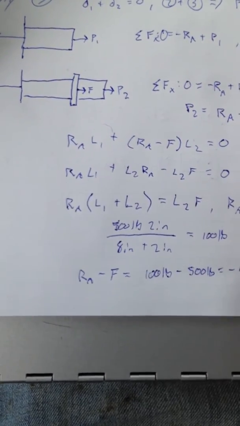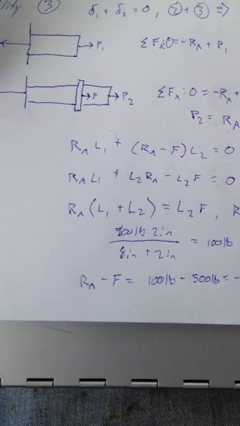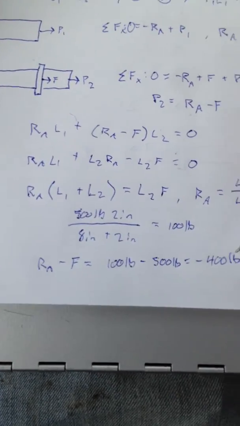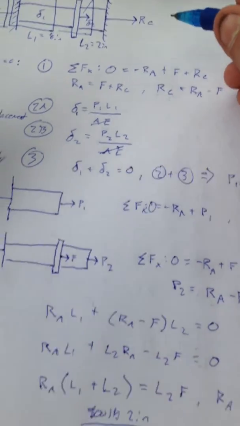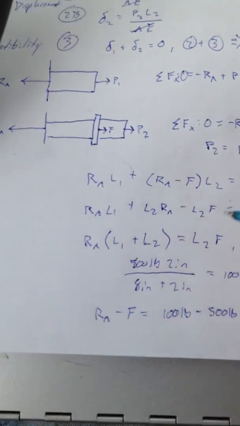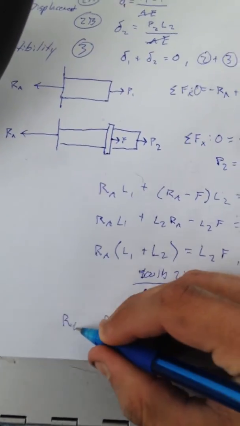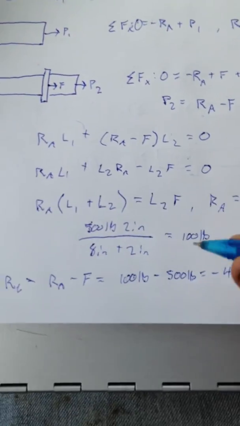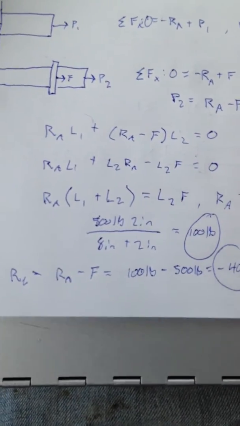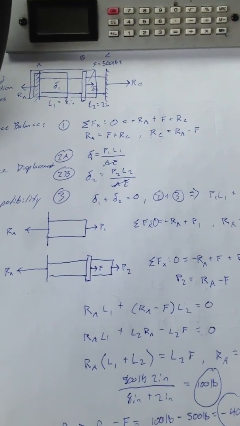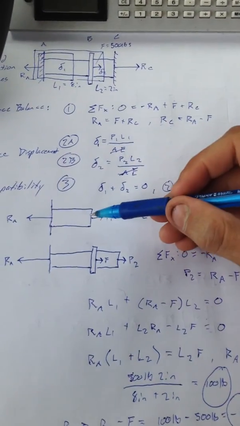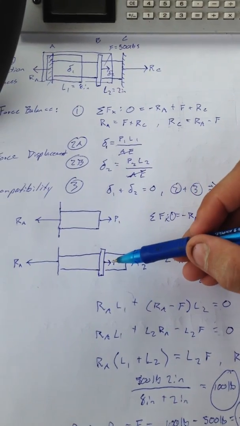That equals minus 400 pounds, which means that our RC was written in the wrong direction. So we found our two reaction forces, and we can kind of see that this one was in tension and this one was in compression.